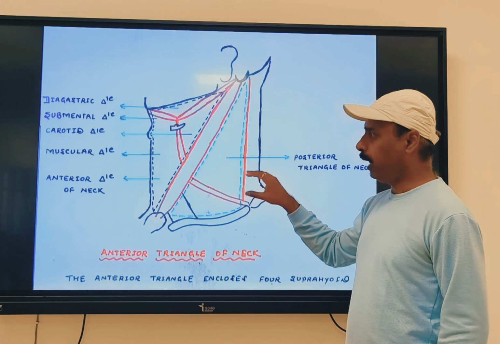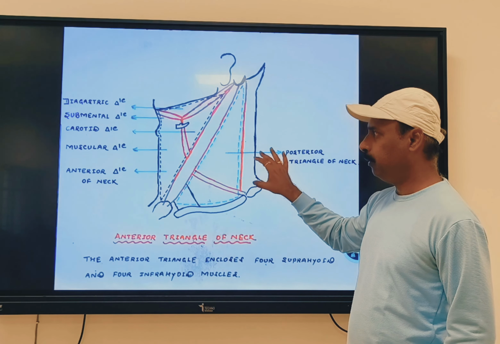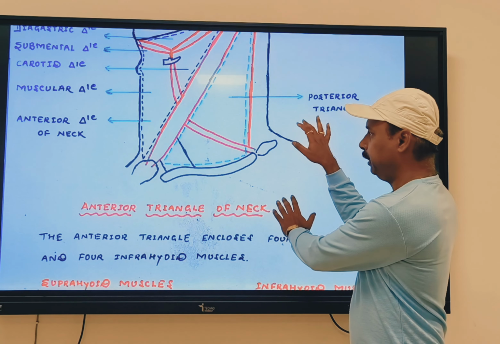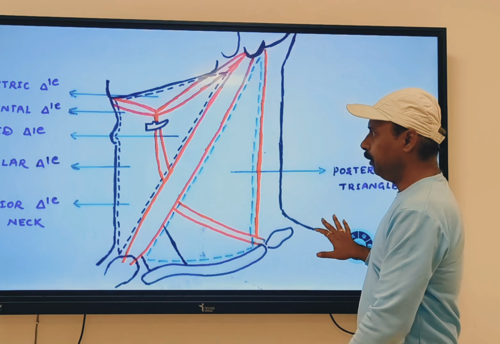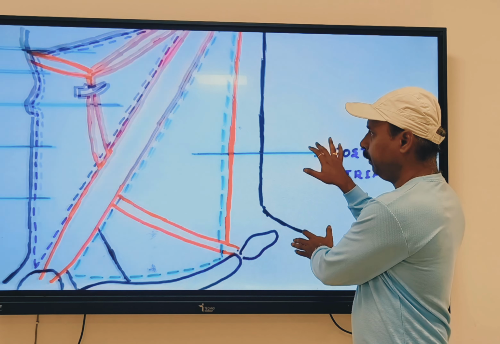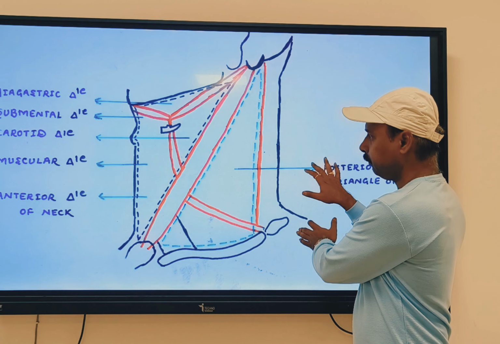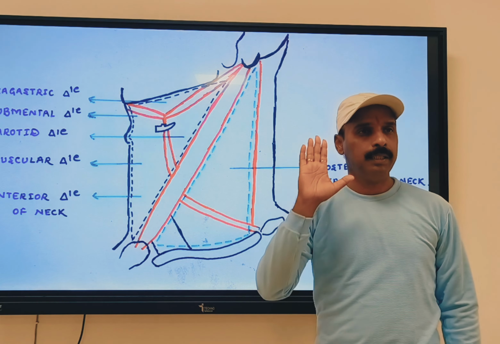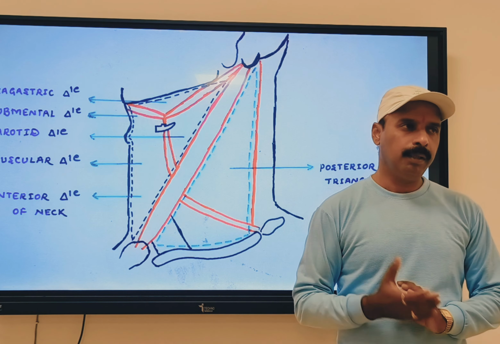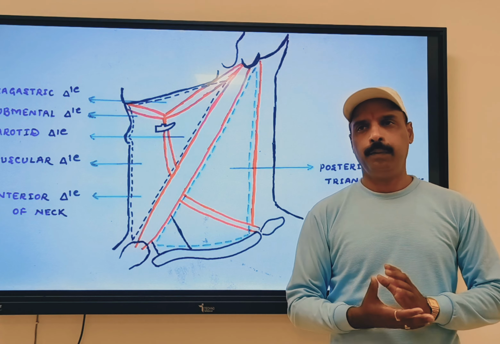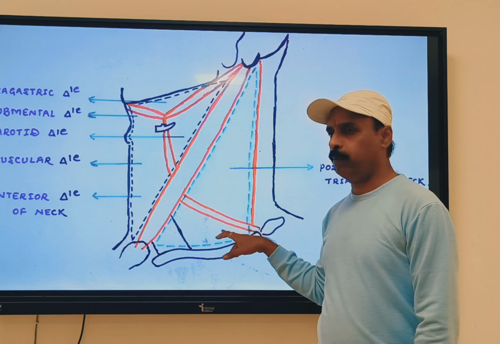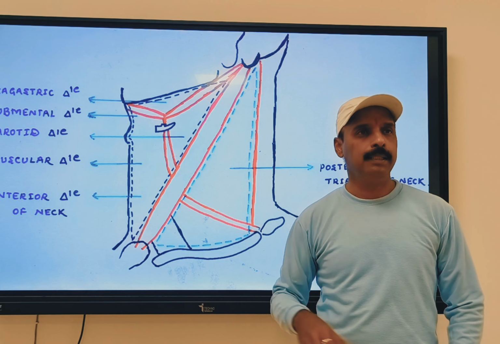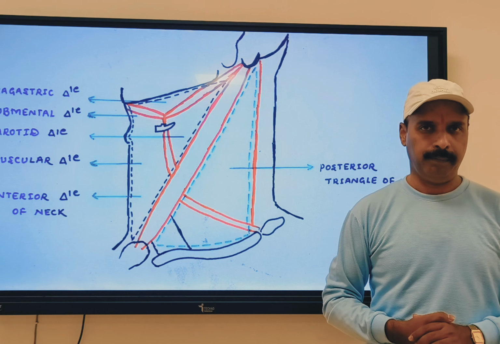So when you see the outline of the neck region on the side view, not the anterior view, when you see the lateral side of the neck region, it is quadrilateral in outline.